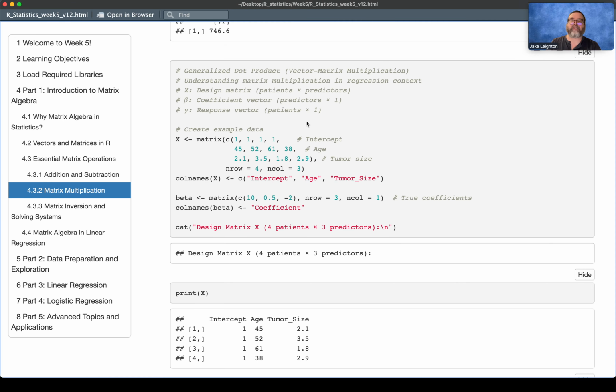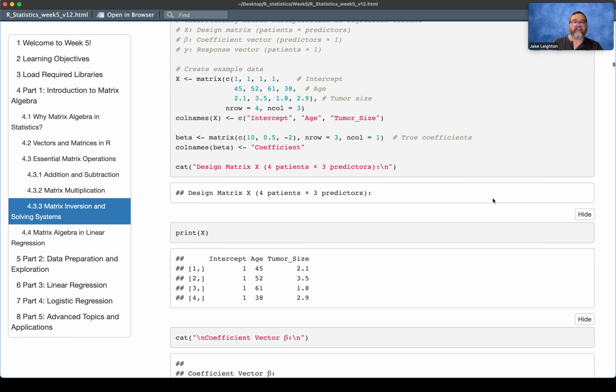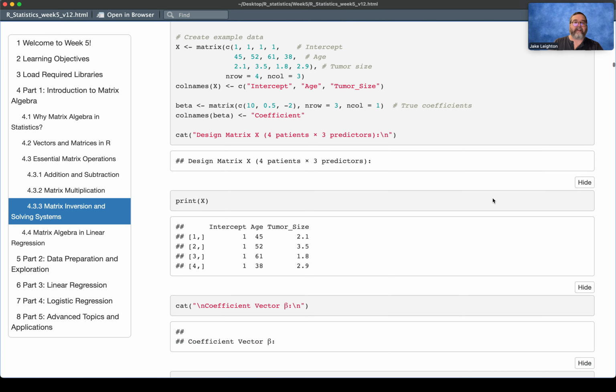Y is going to be your response vector, your answer, your result. X is going to be your design matrix, your predictor values. And beta is going to be your coefficients, your slope on that graph, in a sense, as we move over to linear expression. Let's stay in the world of linear systems, linear models, and look at what we created.